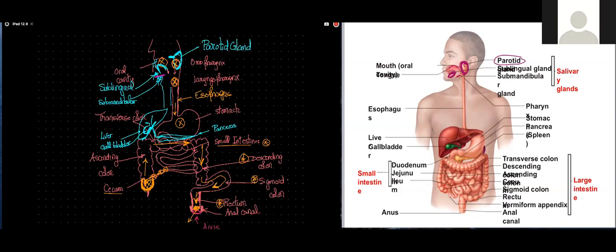Remember, the pouch-like structure that receives the undigested and absorbed part of the food is going to be the cecum. And the cecum will allow the undigested and absorbed part of the food to travel up through the ascending colon, then through the transverse, then to the descending sigmoid, and finally to the rectum, anal canal, and anus.